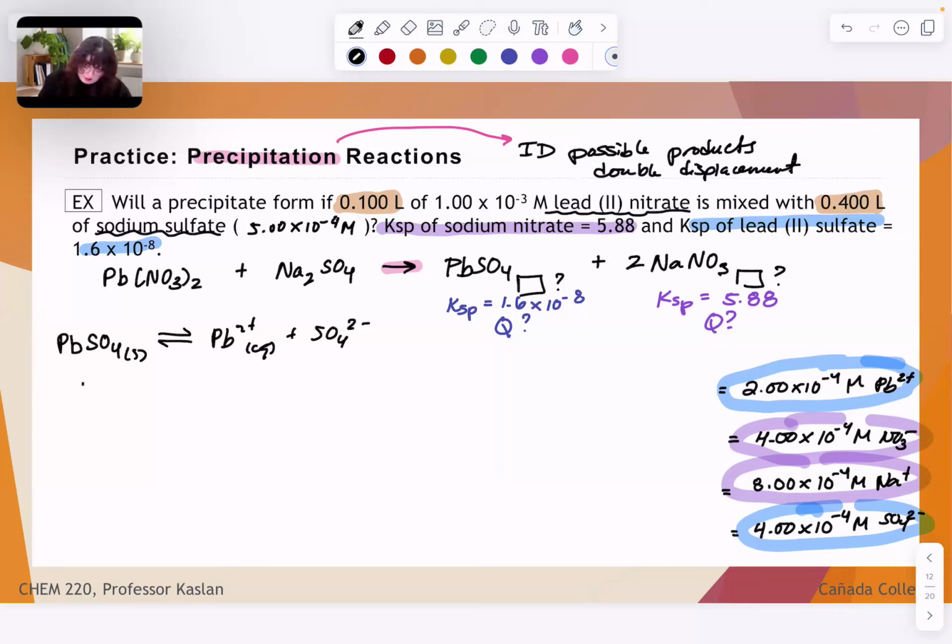And so my Q is going to be the concentration of Pb2+ times the concentration of SO4 2-. So this is going to be our 2.00 times 10 to the negative 4 molar times our 4.00 times 10 to the negative 4 molar.